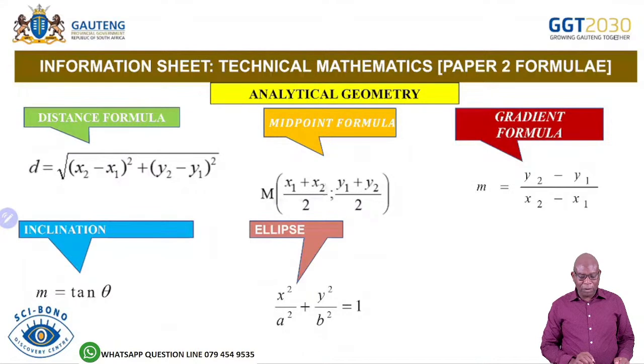So I've got the formula for the distance, the formula for the midpoint, a formula for the gradient, and there's a formula for the inclination, which is the angle, and the formula for the ellipse. So those are the formulae that we use mostly in analytical geometry.